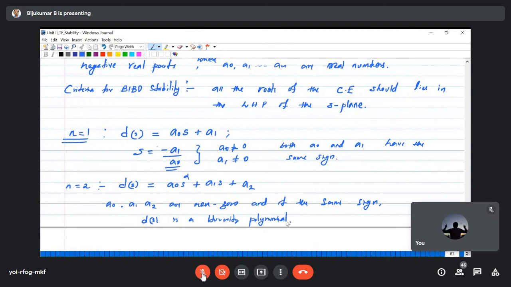Right? So if the coefficients a0, a1, a2 are all non-zero values and all have the same sign, we can tell it is a Hurwitz polynomial. We don't need to find the roots, right? While seeing the coefficients itself, we can tell.